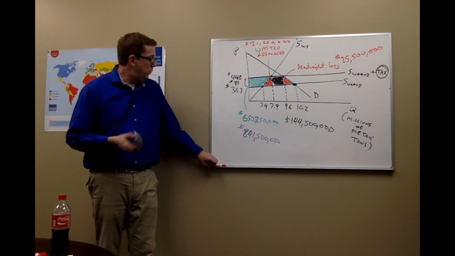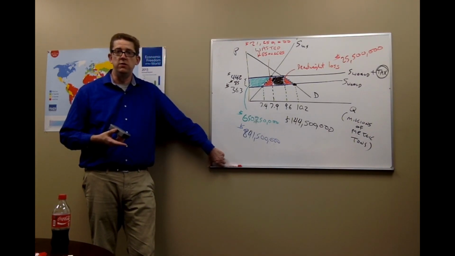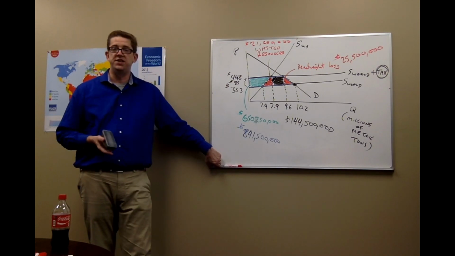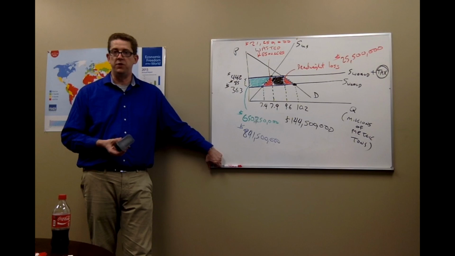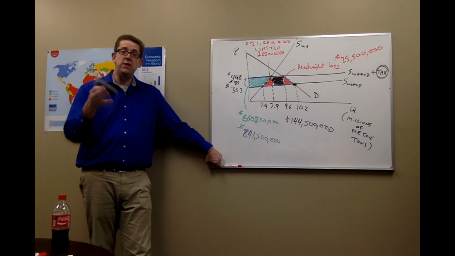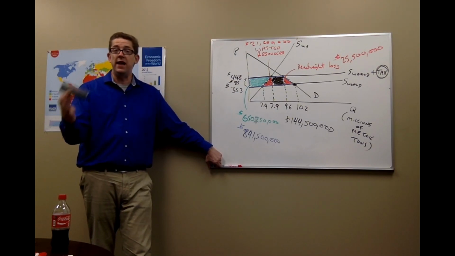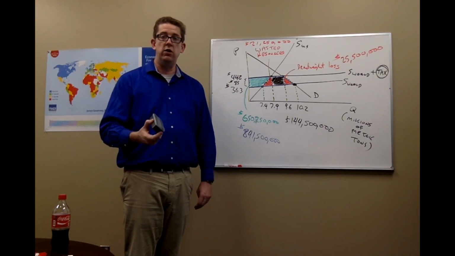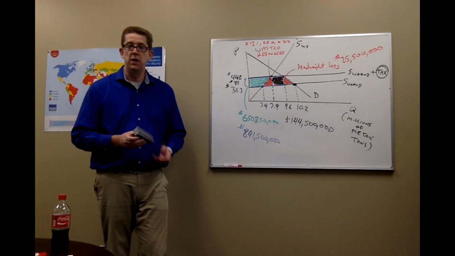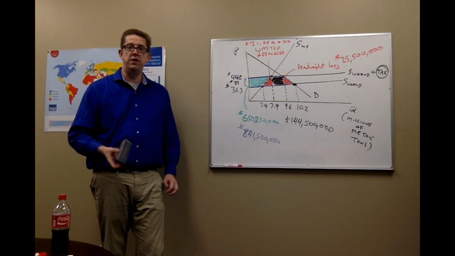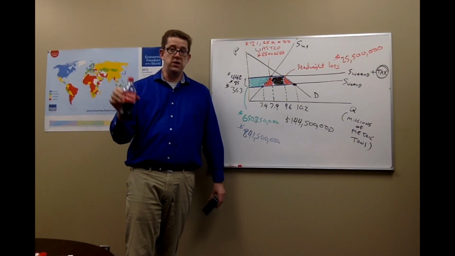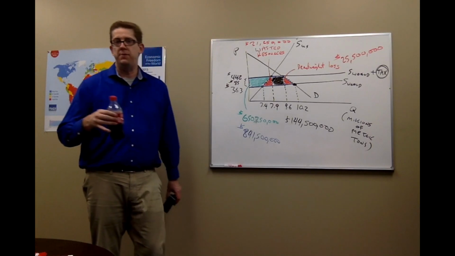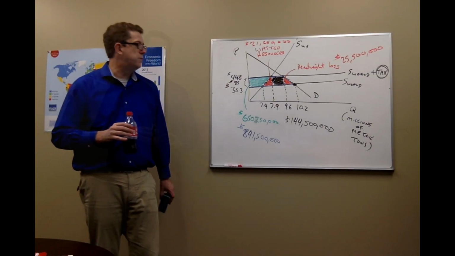So, we're wasting resources producing steel. We are not getting as much steel as we would like, or we would be able to get with global free trade. And we can apply the exact same logic to anything else that is subject to tariffs or any other sort of control on import or international trade. Like, for example, sugar. The sugar that would go into the production of Coca-Cola, or Pepsi, or Mountain Dew, or whatever happens to be your preferred poison.